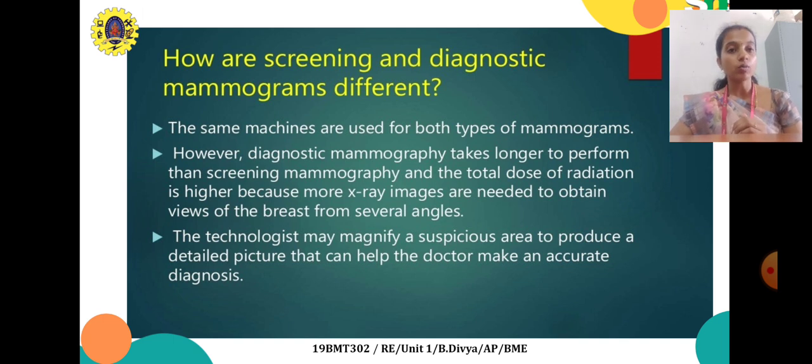However, diagnostic mammograms take longer to perform than screening mammograms, and the total dose of radiation is higher because more X-ray images are needed to obtain views of the breast from several angles.